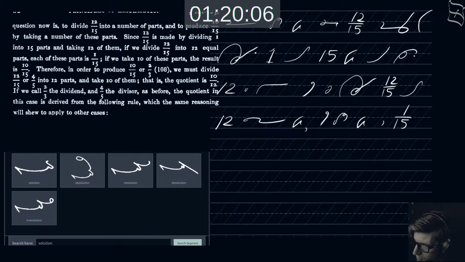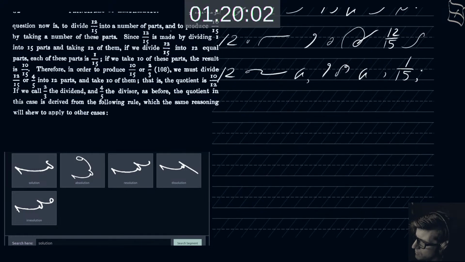If we take 10 of these parts, the result is 10 over 15.